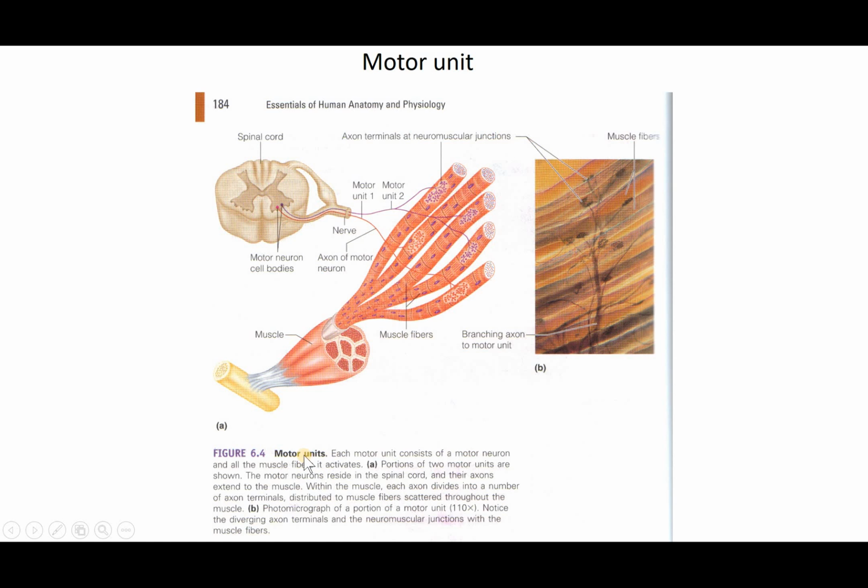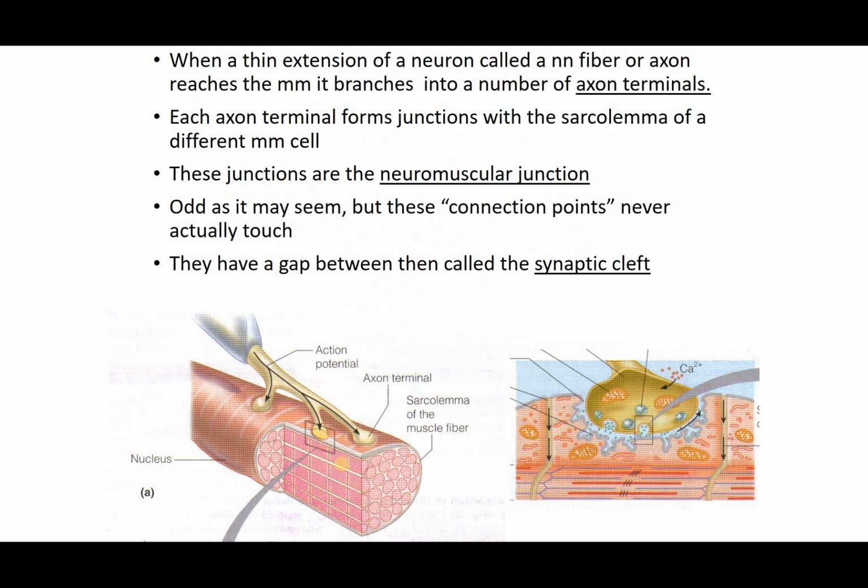Okay, a motor unit consists of a motor neuron and all the muscle fibers it activates. The extension of the neuron called a nerve fiber or axon, when it reaches a muscle, it branches into a number of axon terminals.